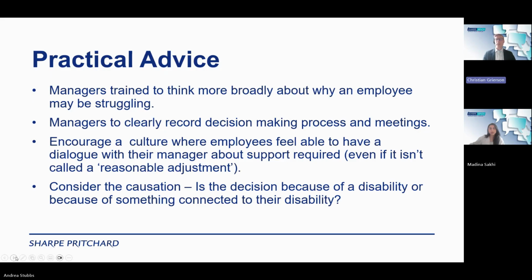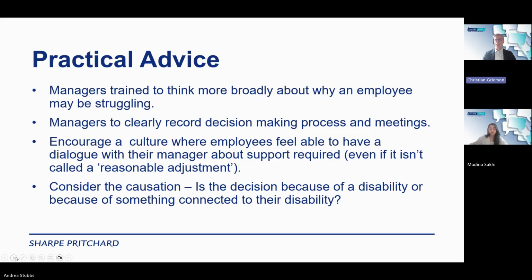Quite often an employee might not feel comfortable using the words reasonable adjustment, which in itself is a separate claim that we covered in our last webinar, but there might be a broader conversation that needs to happen. The way you can encourage that is by fostering a culture where the employee feels comfortable enough to say to a manager, I might need extra time, or I might need this support.